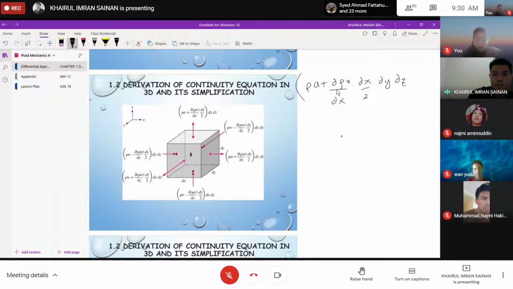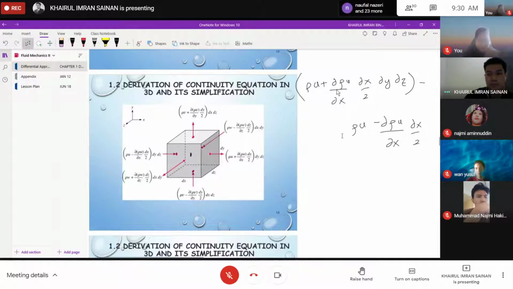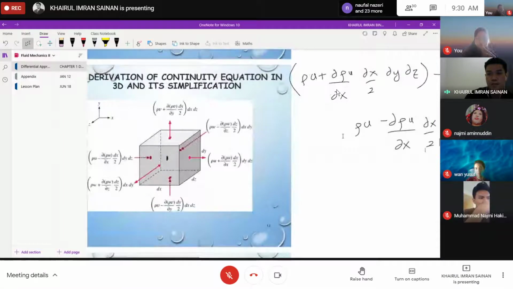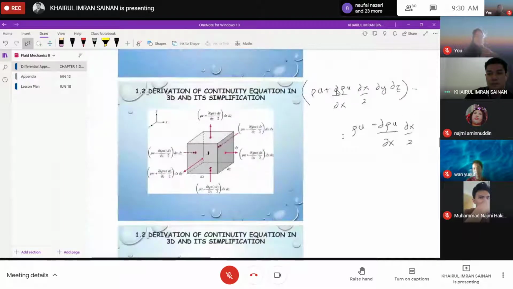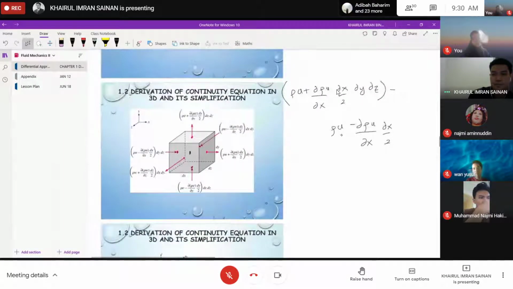This is the outflow component minus the inflow component, rho u minus del rho u over del x, del x divided by 2, and then you have del y and del z, right? So rho u minus rho u, you're going to cancel out.